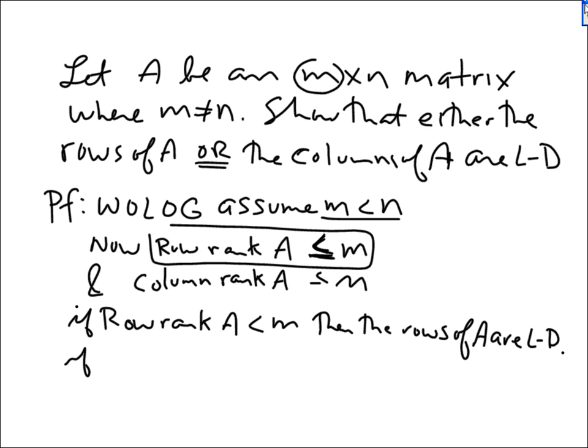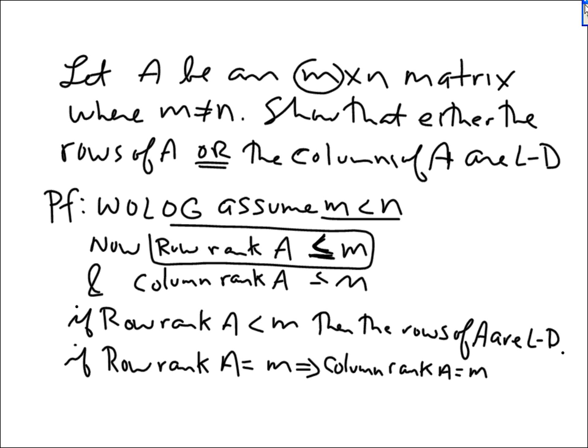On the other hand, if the row rank of A is equal to m, that implies that the column rank of A is equal to m, because whatever the row rank of A is, it's certainly the column rank of A. But m is less than n.